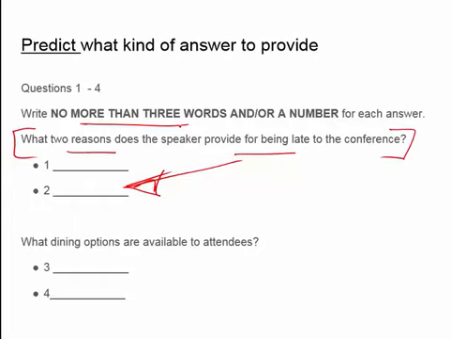Okay, we don't know, but we'll have to listen for these reasons. Down below, dining options. Okay, so we're expecting to find places to get food, all right? Probably nouns that we're looking for, and we've underlined it here so we remember as we listen to listen for dining options in the second part of the passage.